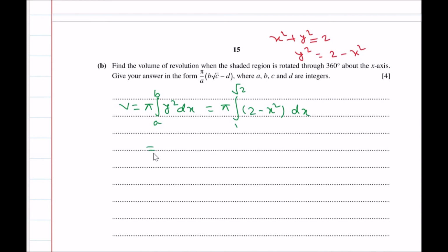So we get, for 2, the integration will be 2x, minus x³/3, and the limits are 1 and √2.